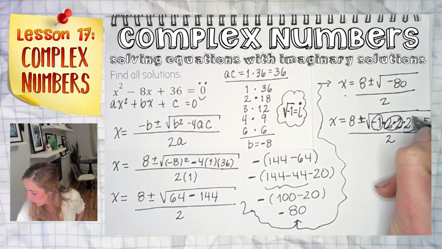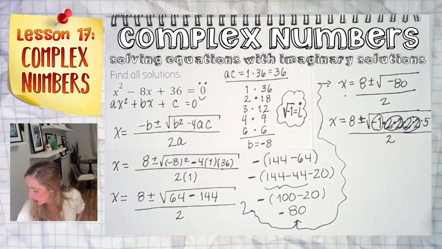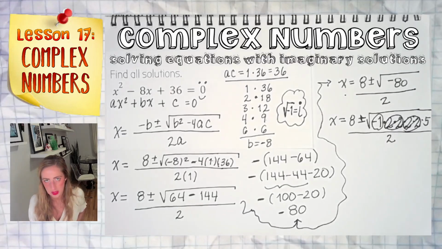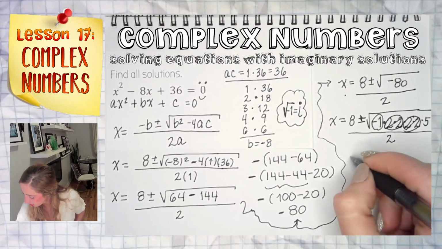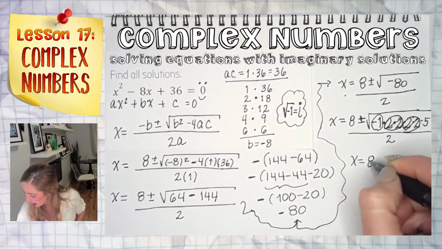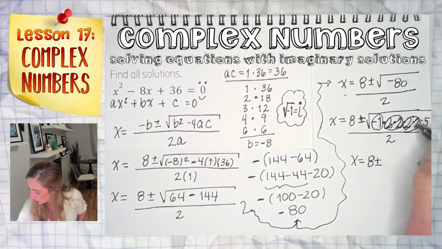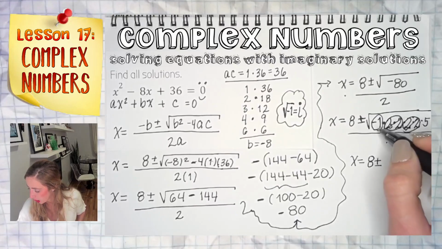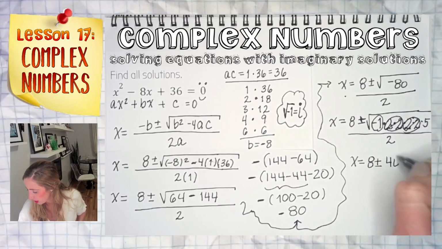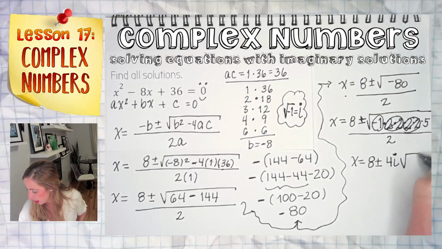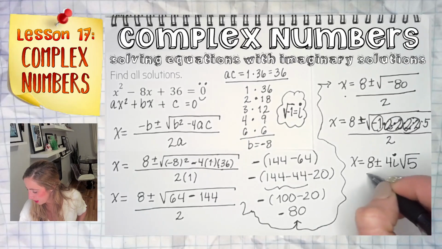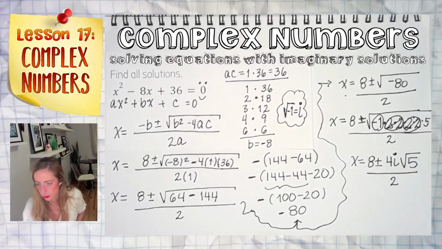Again, I discussed this more in the other videos, whether it's the last one or any other video where I'm breaking down and simplifying radicals for you. x equals 8 plus minus 2 times 2 comes out, which is 4i, radical 5 left inside, all over 2.